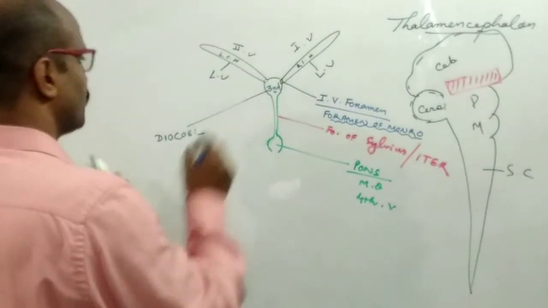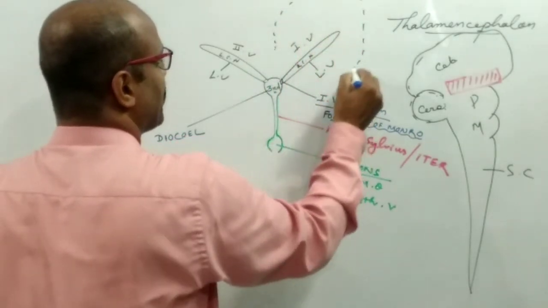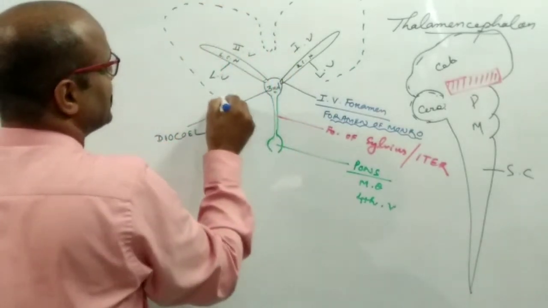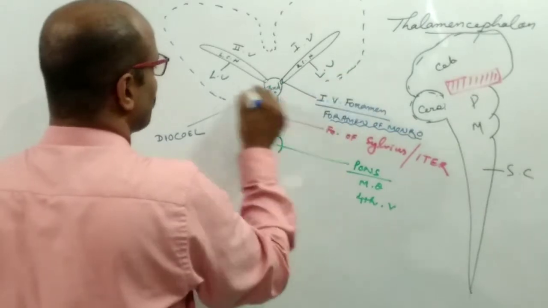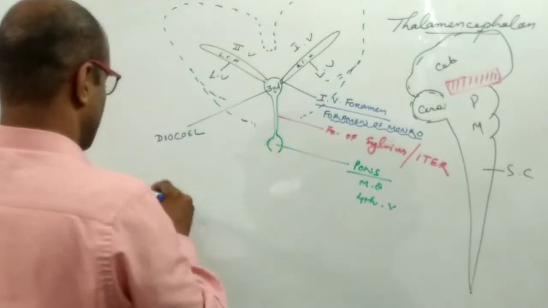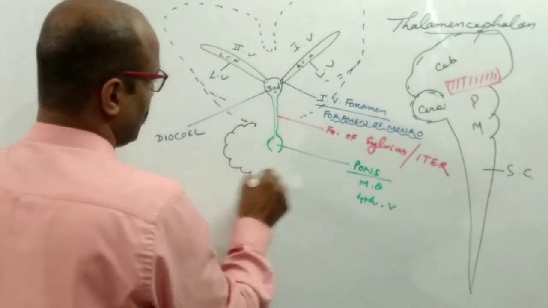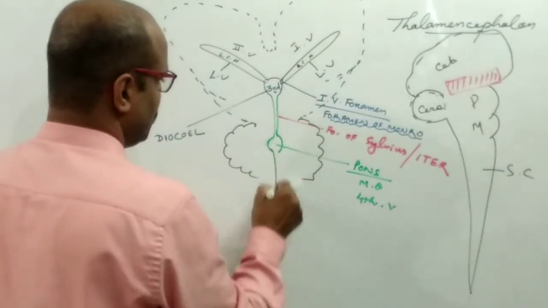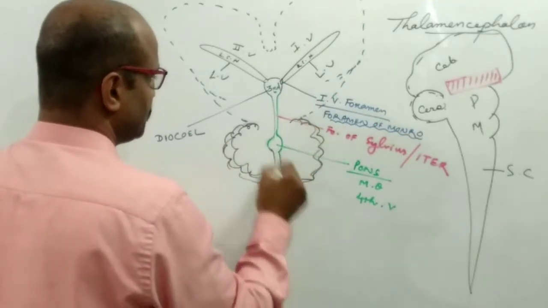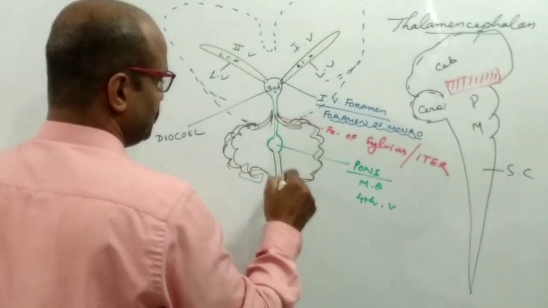And this is the cerebral hemisphere. And this portion, the fourth ventricle, is covered or surrounded by the cerebellum.